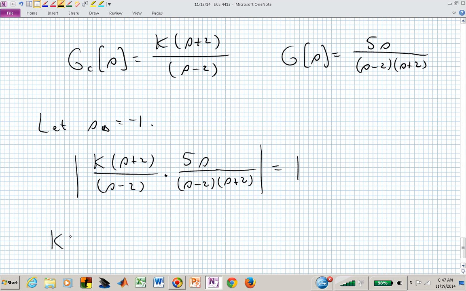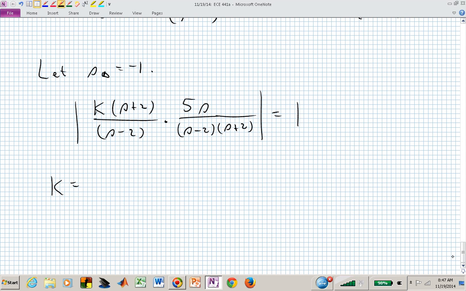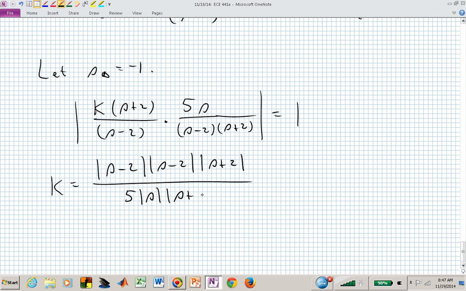And I can now solve that for K. I can say K is going to be S minus 2, S minus 2. I could really just calculate that once and square it, that distance, but I'm going to illustrate that I have all of those pieces. Then I have a 5S, S plus 2.